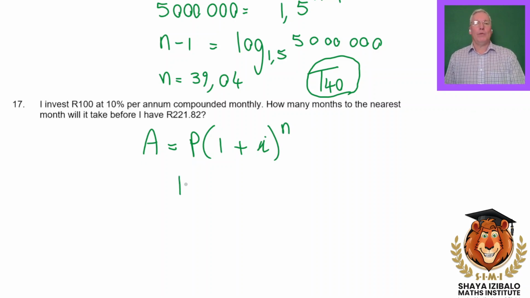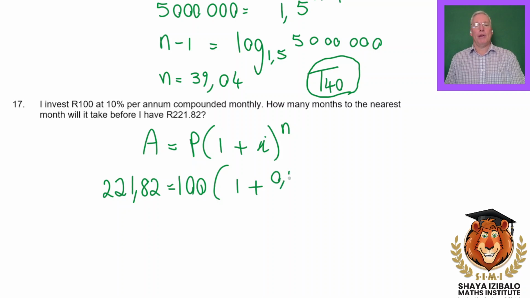So we invest 100 Rand, that's P. And the question is asking us, how long will it take to get to 221 Rand 82? Our interest rate is 1 plus, now it's 10% per annum, but it's going to be compounded monthly, so I need to divide by 12. And then n is going to be our number of months.